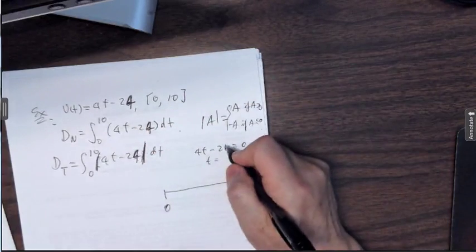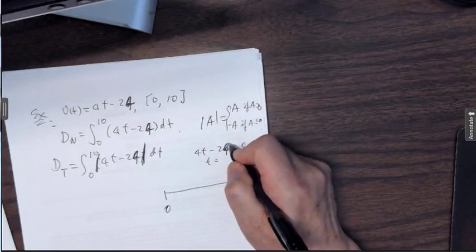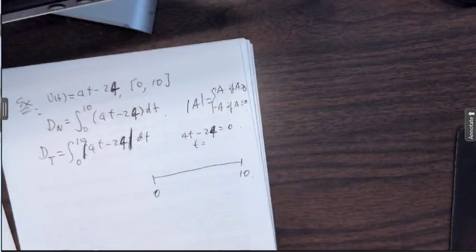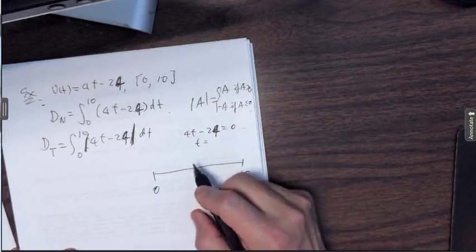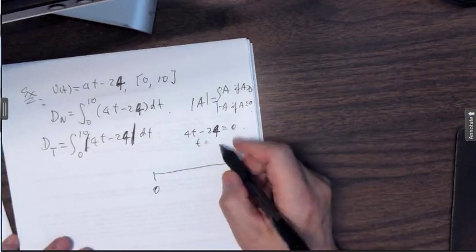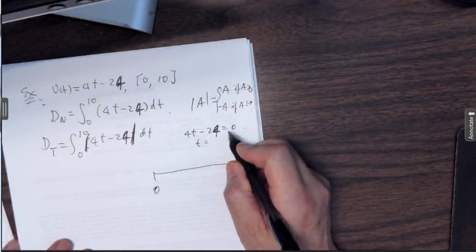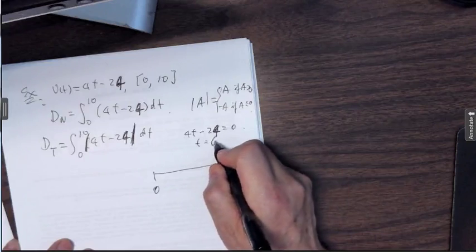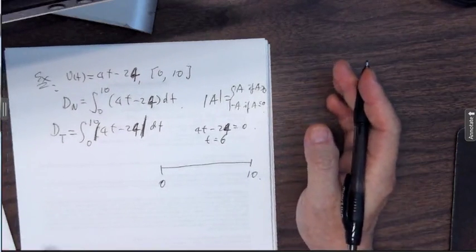I just hate to work with fractions. So 4t minus 24 equal to 0. 24 moved over, you solve it, you get t equals 6, right? Nice. How about that?